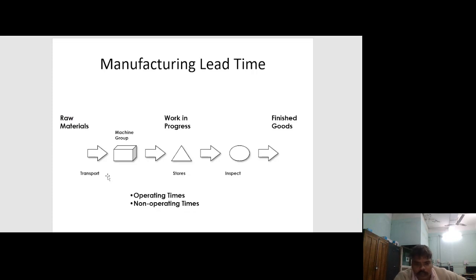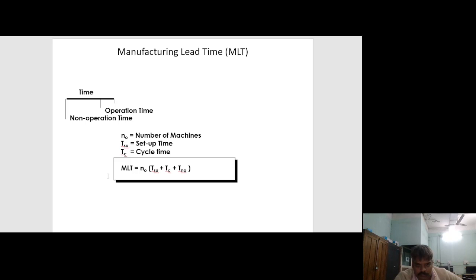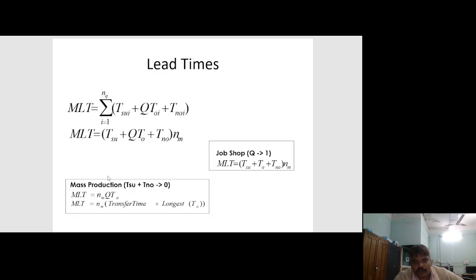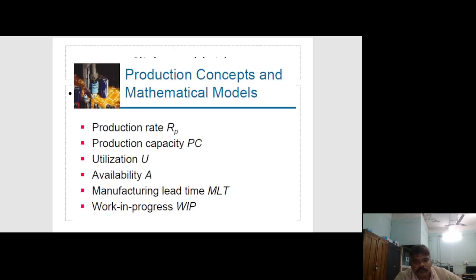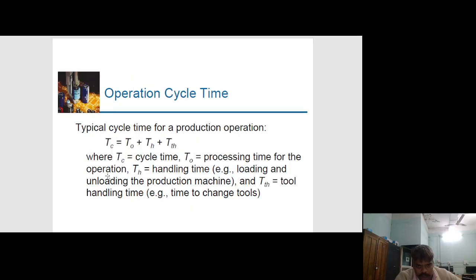Manufacturing lead time: operating time, non-operating time. These are some of the topics: lead time, demand rate, work in progress ratio, production concept and mathematical modeling, production rate, production capacity, utilization, availability, manufacturing lead time, work in process.